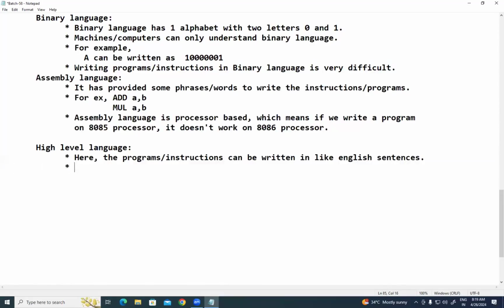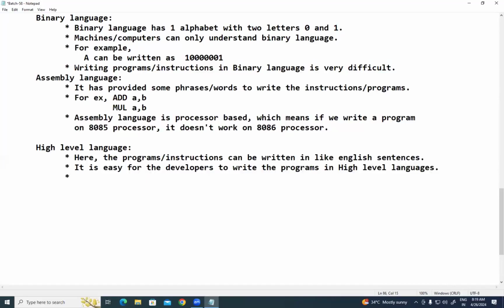So it is easy for developers to write programs in high level languages. Folks, am I clear here?